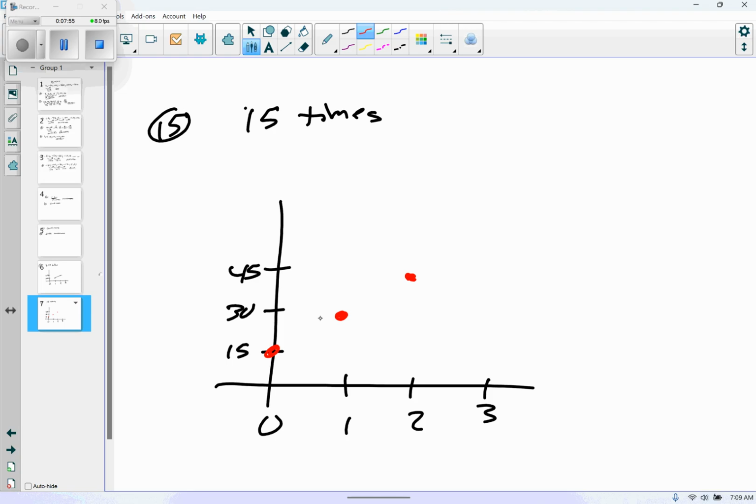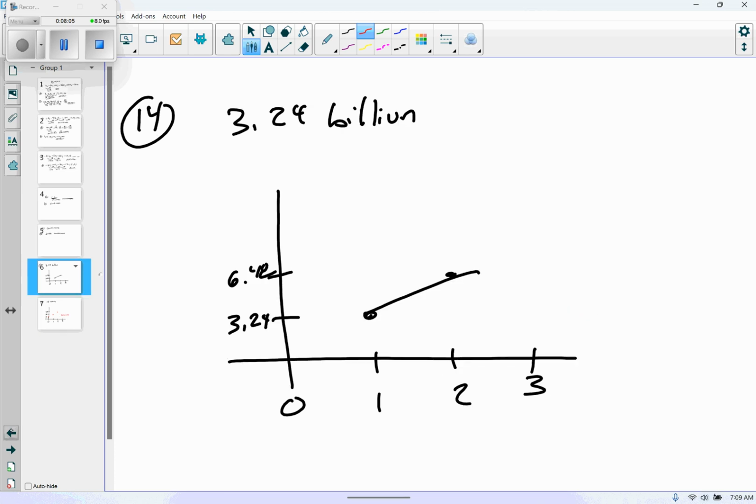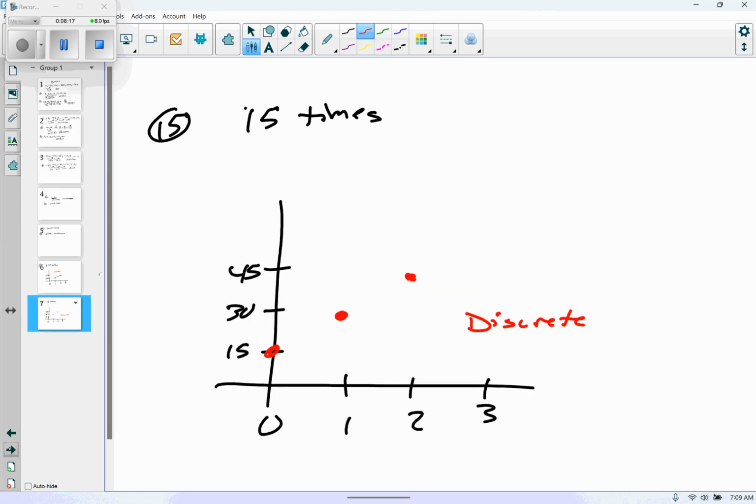And that would be discrete. The reason is you have a set amount of times to laugh. You can't laugh a portion of times. This would be continuous because is it 3.25 some days, 3.23 other days. So we have that. All right.